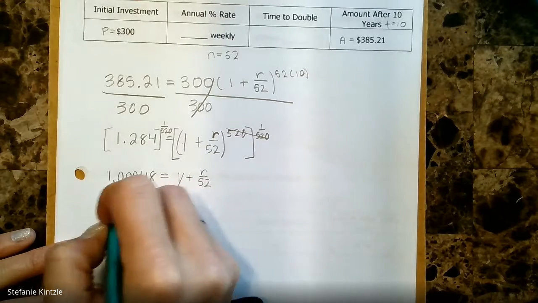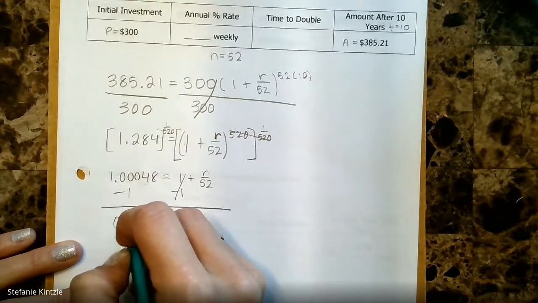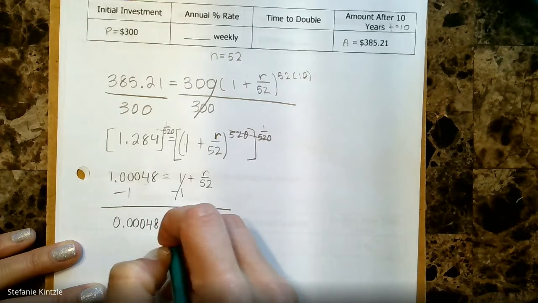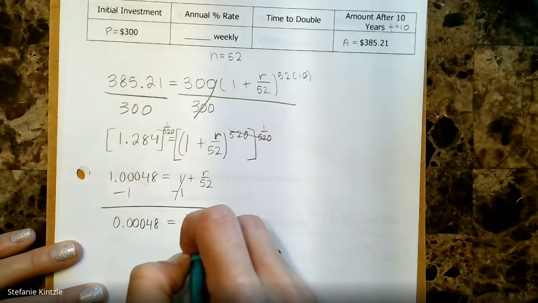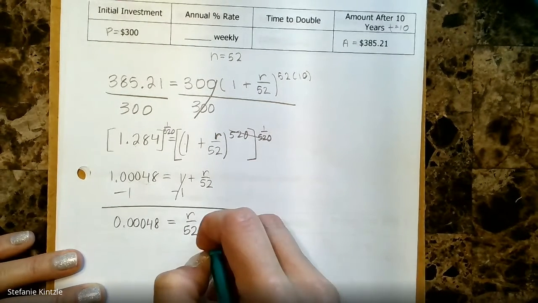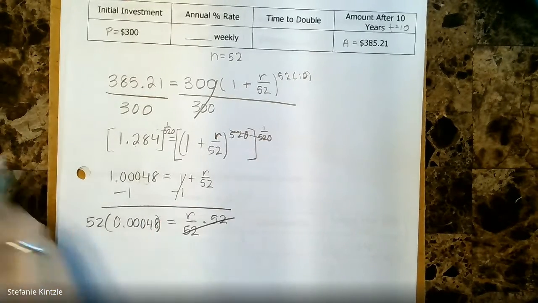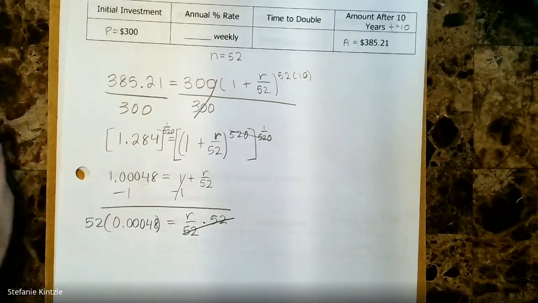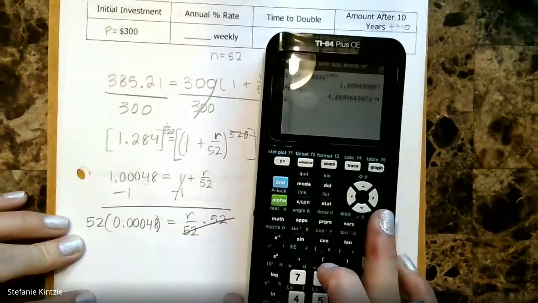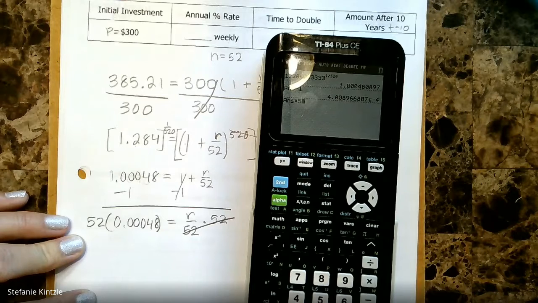So now we're going to subtract 1 from both sides, and that gives us 0.00048 equals r over 52. And our last step is to get r by itself by multiplying both sides by 52. So just times 52.